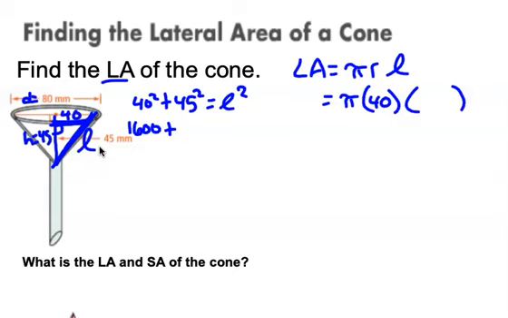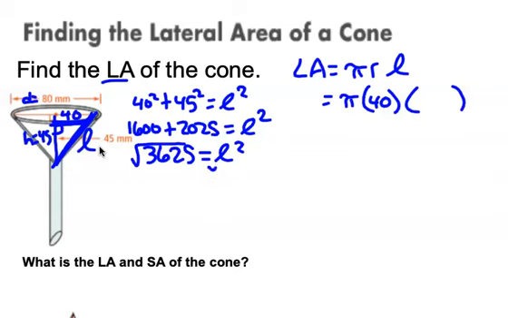So 1600 is 40 squared. 45 squared is 2025. Okay. So you're going to add those together and get 3625 and take the square root. And get a decimal, but that's fine. 60.21 is what I'm going to go with for now.